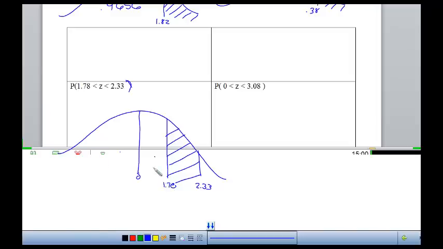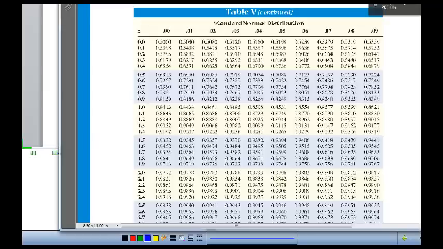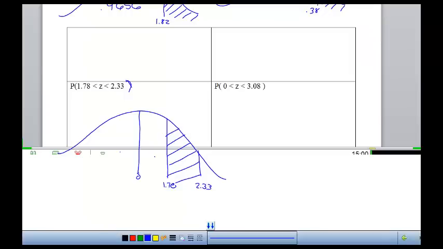So when I look at my table, for 2.33, I get 0.9901. Remember that. And for 1.78, I get 0.9625.